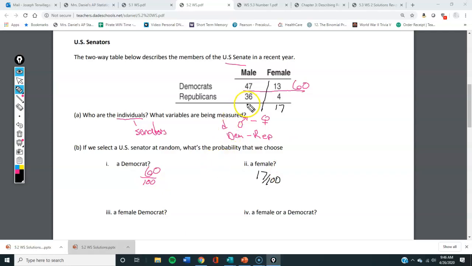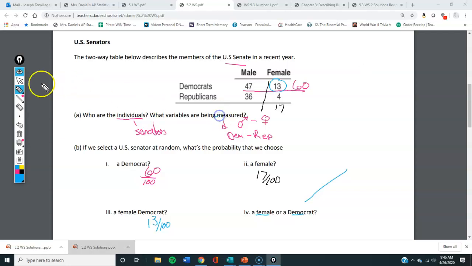That makes sense. That's a cross section of the country. What about a female Democrat? So I'm looking at female Democrat. I'm just looking at this square right here. So it's just 13 out of 100 because that's where they intersect. Now what about a female or a Democrat? Now there's two ways to do this. Way one would be we add up all the female and the Democrat spots.